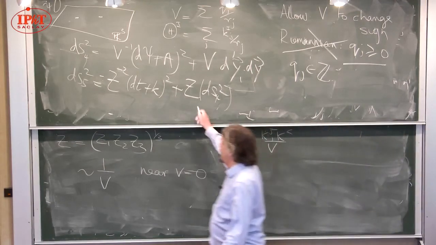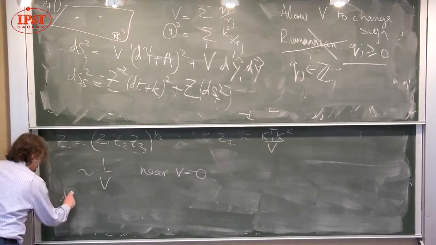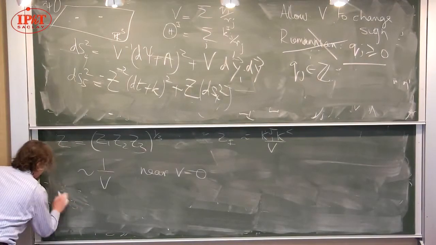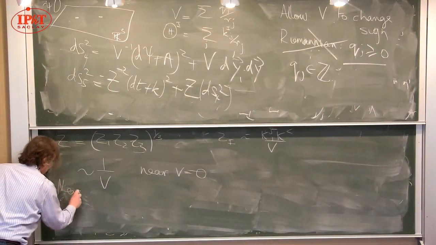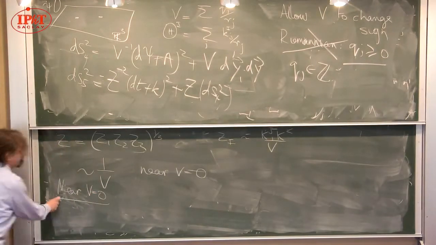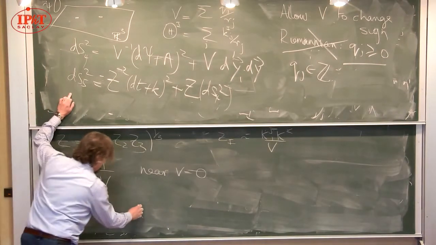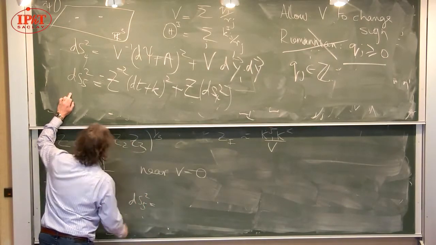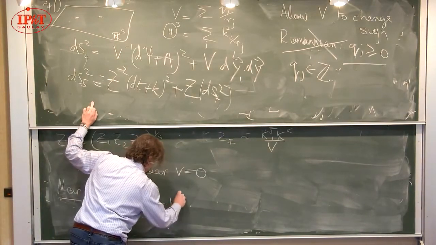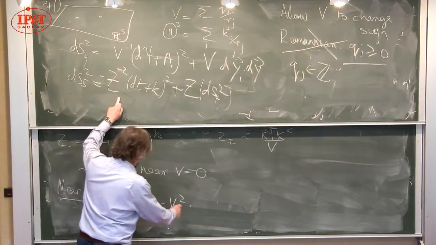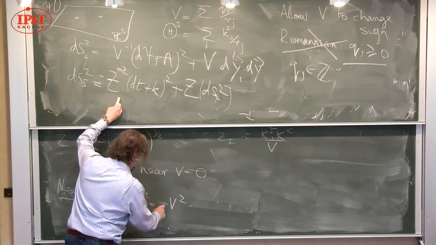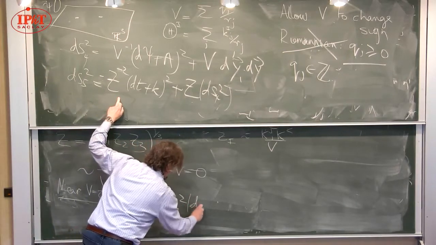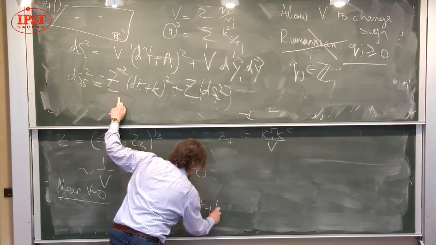Okay, so look at this metric, ds5 squared, near V equals 0. ds5 squared contains a piece which goes like minus V squared (dψ dt plus k) squared.